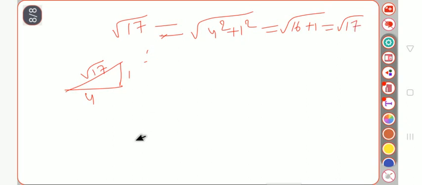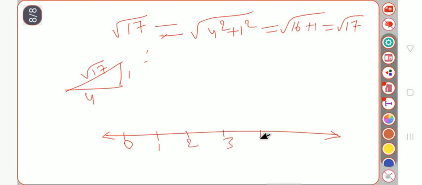So just take 0, 1, 2, 3, 4, and 5. Now take 1 unit at 4, because we have to make 4 the base. Suppose this is 1 unit; you have to make it by scale.